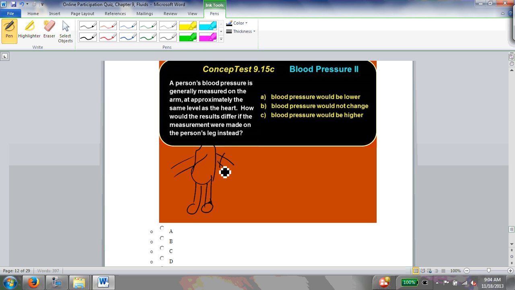All right, so if I measure it here, I get a certain pressure. If I measure it down here, remember our pressure is equal to rho gh. Here I have this column of blood, you can think of it as sitting on top of it, and that's going to increase the blood pressure. So the blood pressure will be higher. That's C.